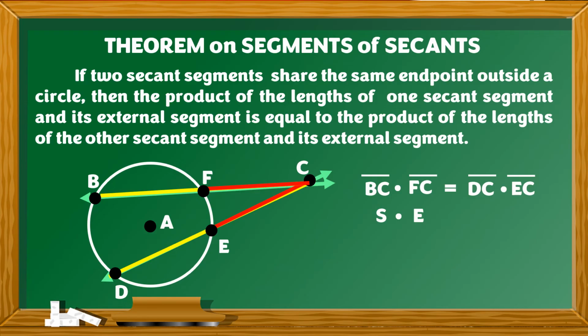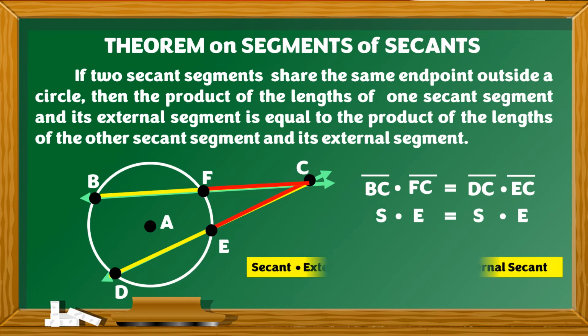So we have line BC is the secant, line FC is the external, equals line DC is the secant, and line segment EC is the external.